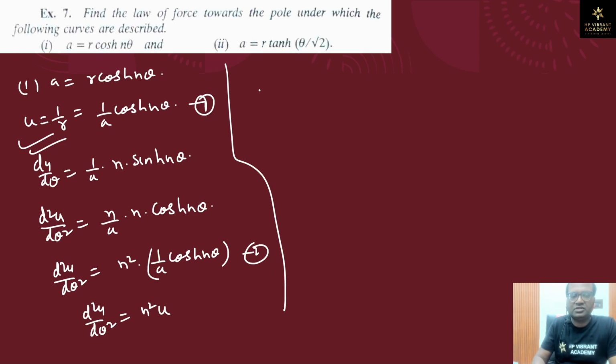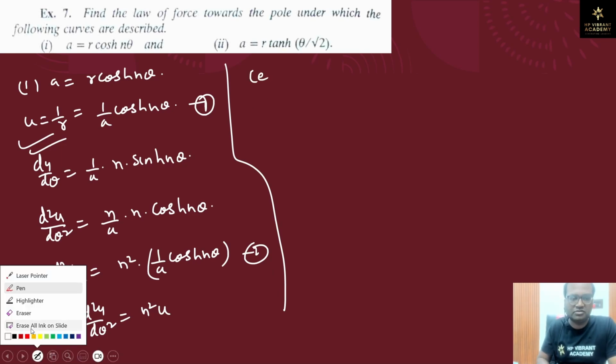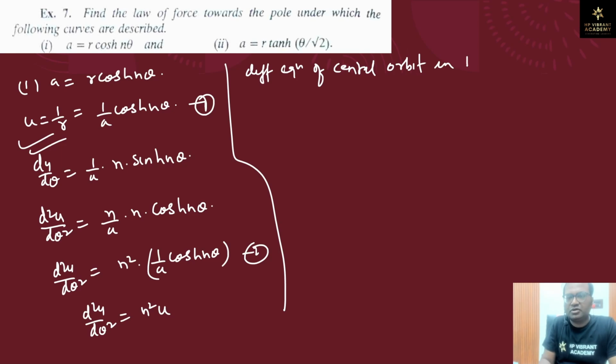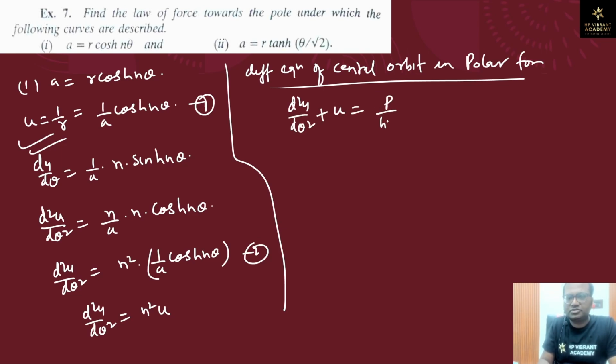So what we have seen in the previous set of lectures is that the differential equation of central orbit in polar form is given by d2u upon d theta square plus u is equal to p upon h square u square.